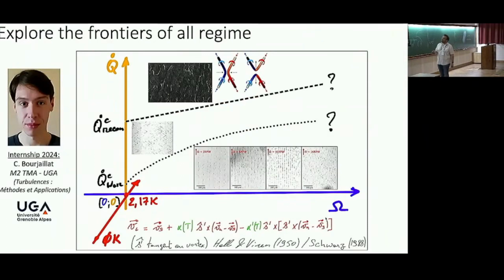But this was a shortcut because there is more space, and the phase space is bigger. Okay, we have omega, we have the heat that we introduced in the system, but we also have the temperature, and the coefficients in the vortex equation are temperature dependent, and we intend to go and see if we can test all this in this system. And we need to establish also the frontiers between all these regimes.